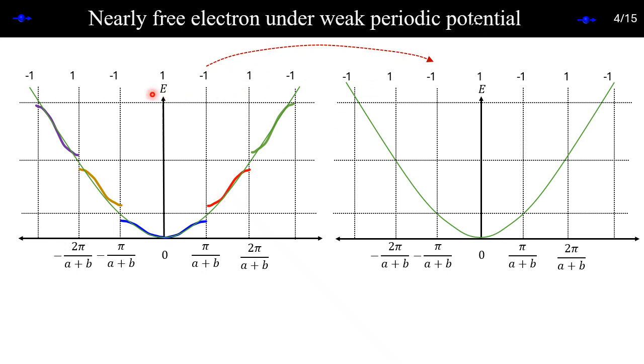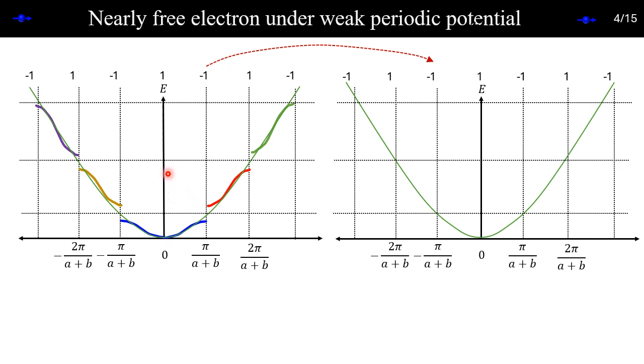Here, what I've shown is how E varies. Previously you have seen that function, cos Ka, which can vary between plus 1 and minus 1. There was that functional form, F of E. At k equals 0, it was 1.